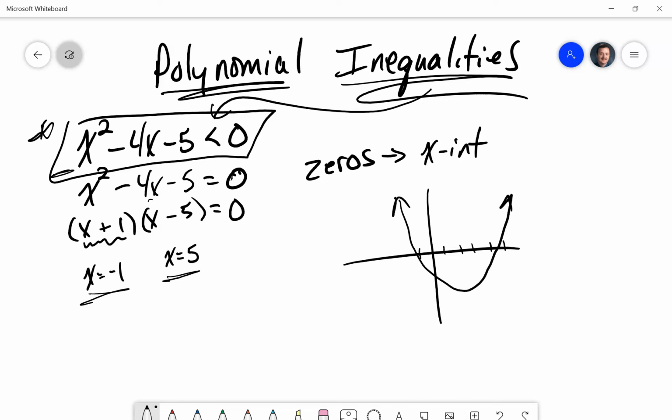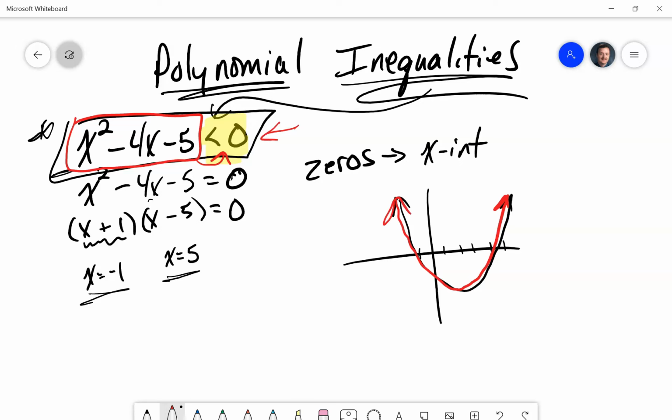Now, this idea of being less than 0 essentially means we're trying to figure out where the function is less than 0. Graphically, where is the red part, where is it less than 0?